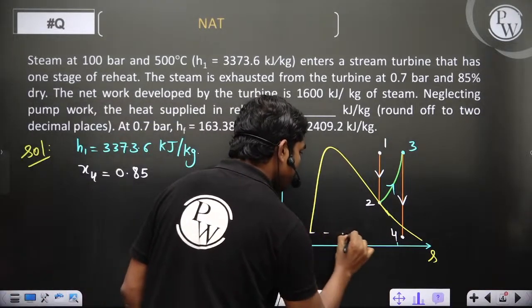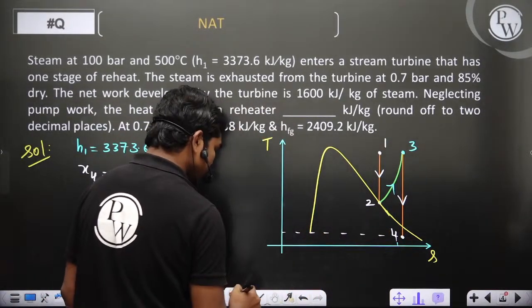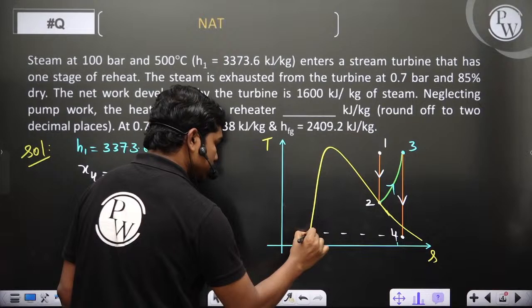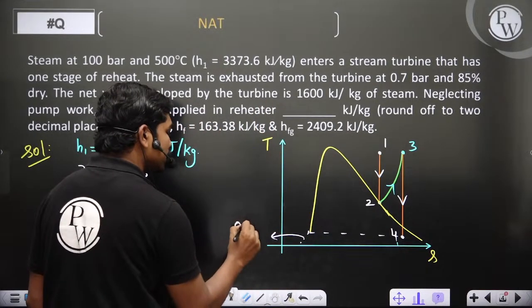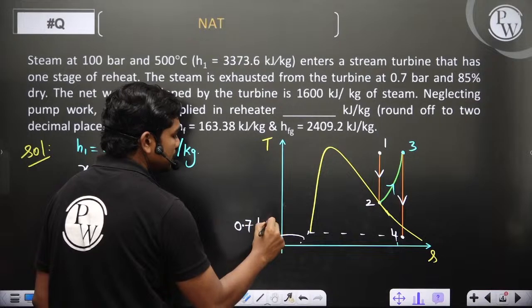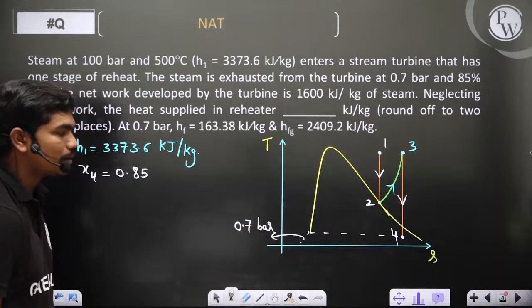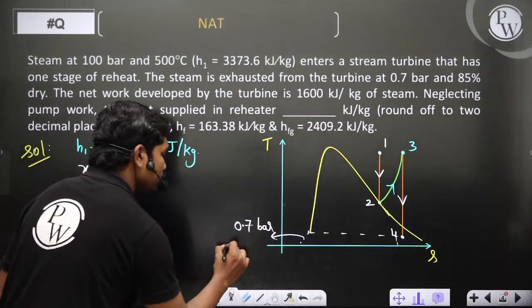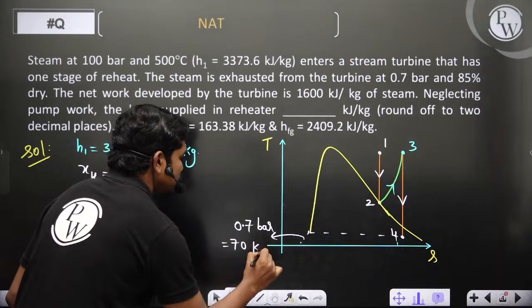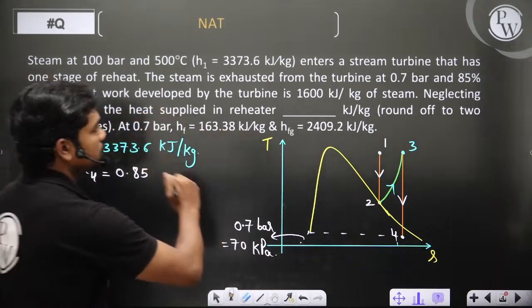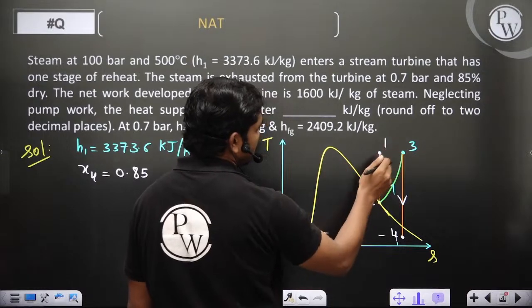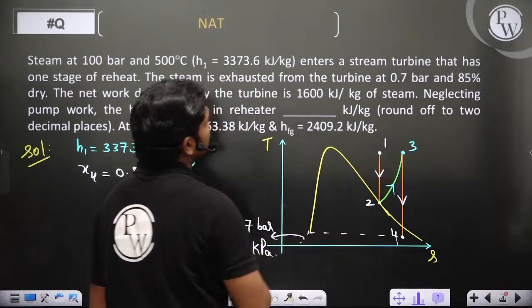It is 0.7 bar. 1 bar is equal to 100 kilopascals. So this is roughly 70 kilopascals. And this is 100 bar, the pressure at which state 1 is there.